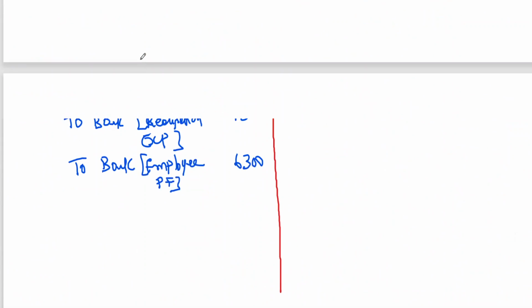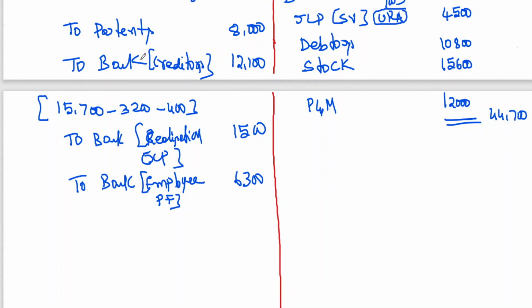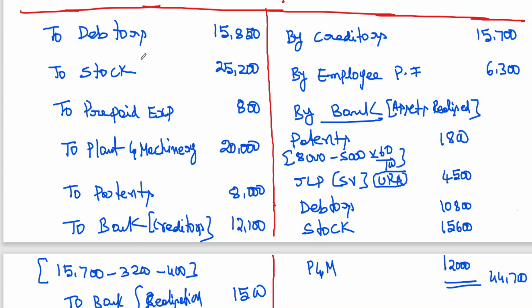Now let us close which account? Realization account. Then we can come back to partners capital account. Now realization account, whenever we are having insolvent, better you first cross check with the debit side. Generally the debit side will be more, but we can't say, sometimes the credit side is also more.